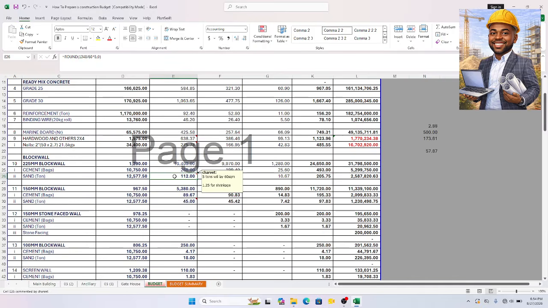That is 600 blocks. Or if the mix is 1 is to 4, or 1 is to 6, depending on whatever the mix is. One is to 4, but I think 1 is to 6 majorly.